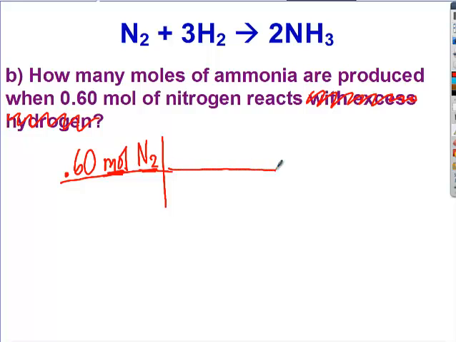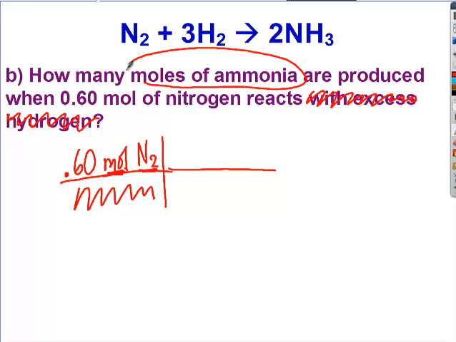So I'm going to put a little box here. Now it says how many moles of ammonia. So that's what they want to know. Moles of ammonia. So if I have moles of nitrogen here, what unit do you think goes down here? The exact same. Moles of nitrogen. They're always the same. This problem wants me to get moles of ammonia, so I'm going to put that on top. Moles of NH3.